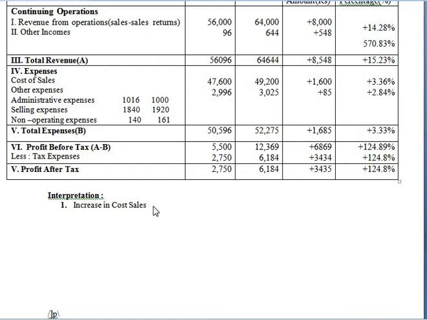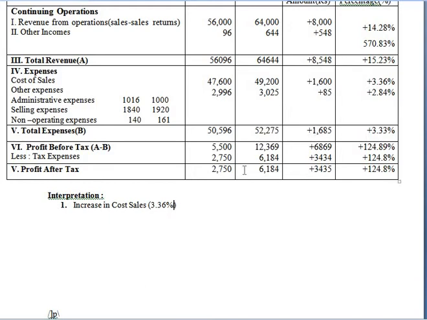In bracket write the percentage, how much cost of sales is increased. Okay, so how much cost of sales is increased? 3.36%.